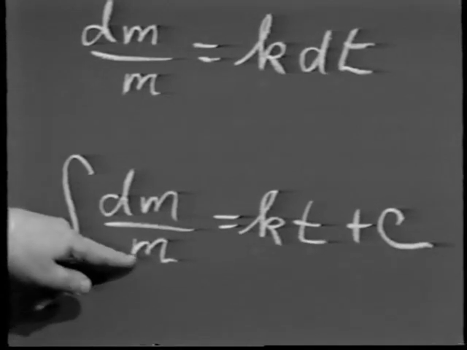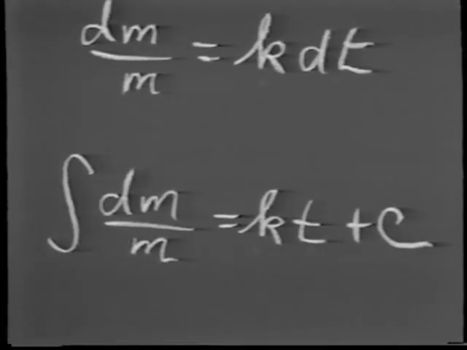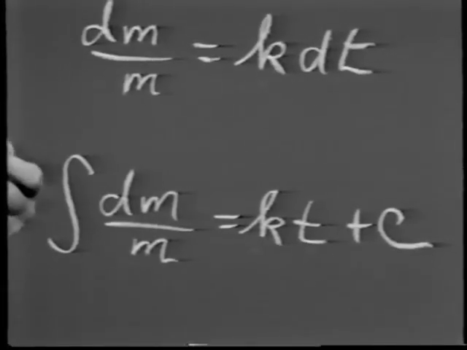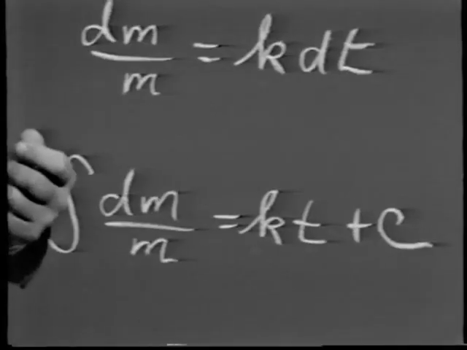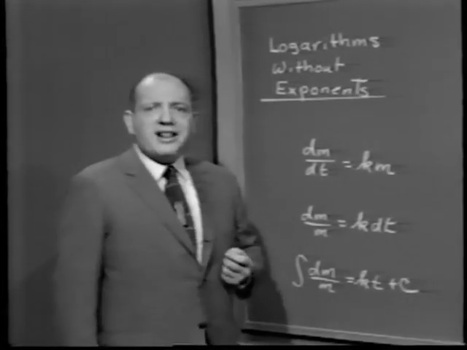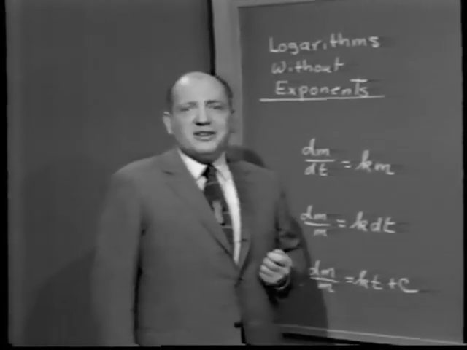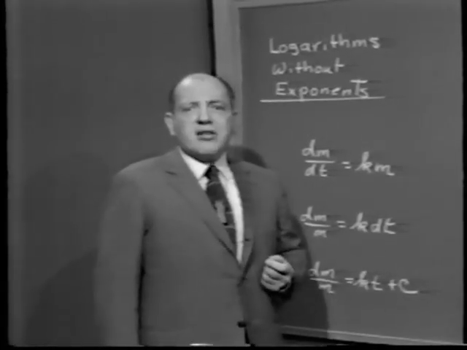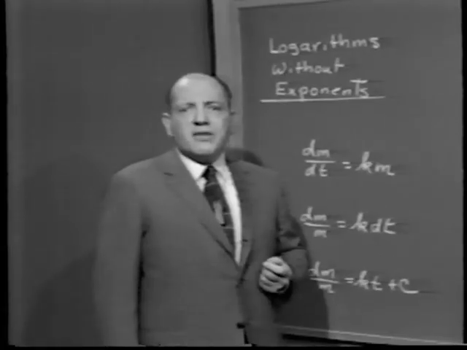Now you see, the interesting point is, at this stage of the game, we do not know explicitly how to find a function whose derivative with respect to m is 1 over m. In fact, that's the problem that underlies today's lecture. And we will try to answer this question, showing how once we tackle this from a philosophic point of view, the rest of the details follow from material that we've already learned.